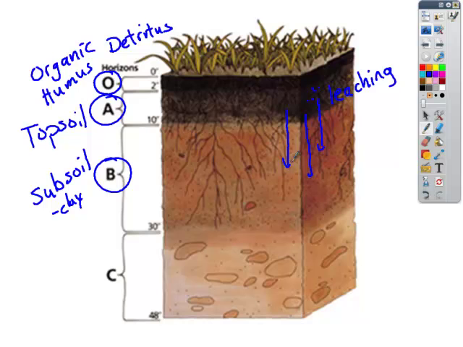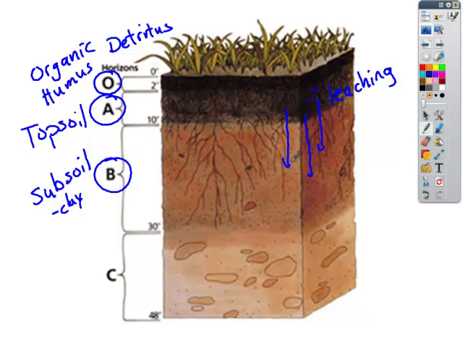In some cases that's good to get rid of some of the things, but a lot of times that's bad when you leach out all your nutrients out of your topsoil. All right, so you have the B horizon. You usually find roots get down in there, tree roots. It's solid ground that holds the trees up.